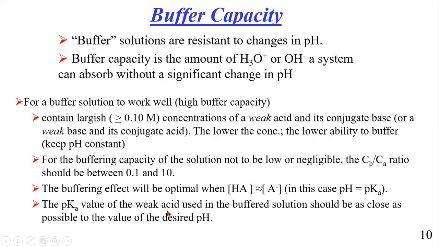The pKa value of the acid used in the buffer solution should be as close as possible to the desired pH. So if you had a choice in different acids, always choose the pKa of the acid closest to the buffer pH that you actually want to keep buffered.